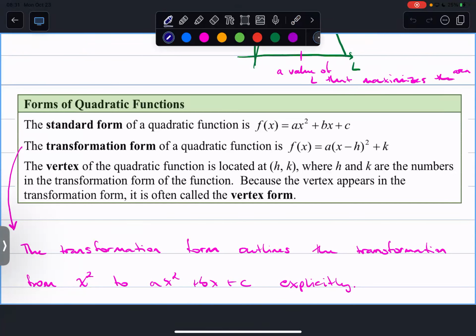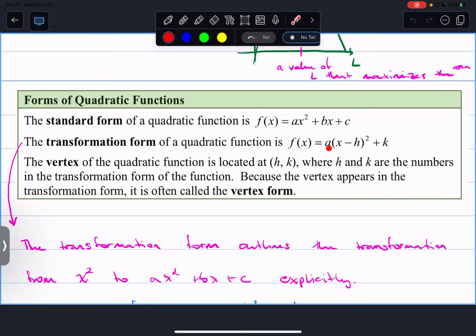So I guess first I should clarify that if we're looking for the vertex, if we're trying to maximize or minimize something, which is often what we're trying to do, then of course having it in this form is beneficial. But how do we get from here to here?